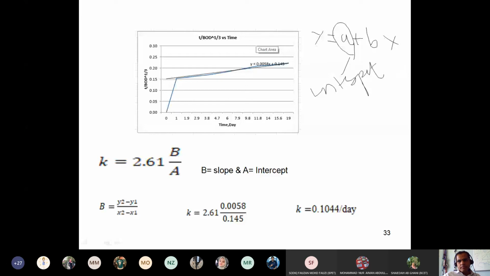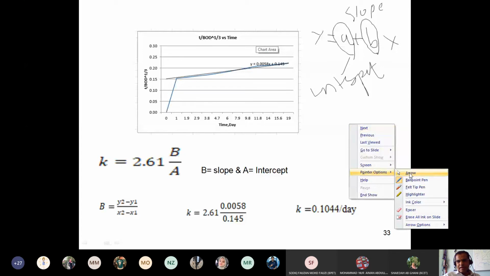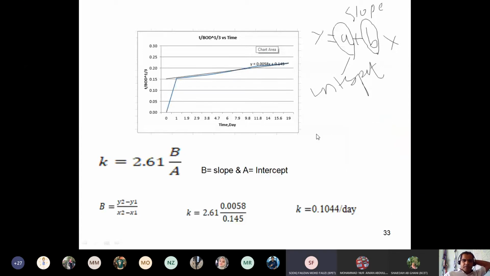This will be your slope. This is the straight line equation. Did you study this in mathematics or not? You studied it, you remember? As last year. Anyway, I already explained. If you study this one, it will be enough for you to understand.